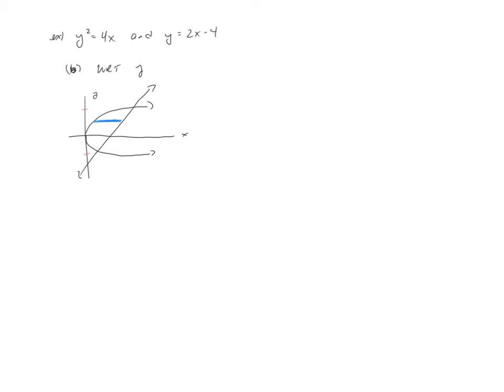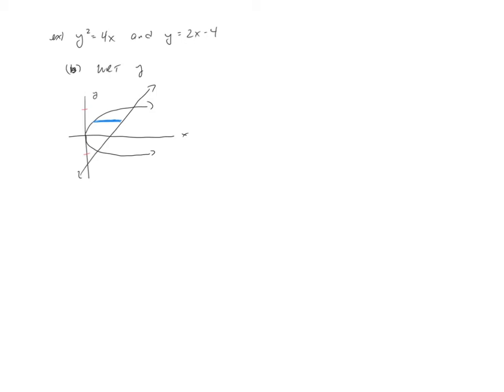And so when it comes to now putting this together, since we're going with respect to y, you have to remember we can only have y's in our entire setup. Okay, we can only have y's, which means we're going to need to take both of these and solve them for x.